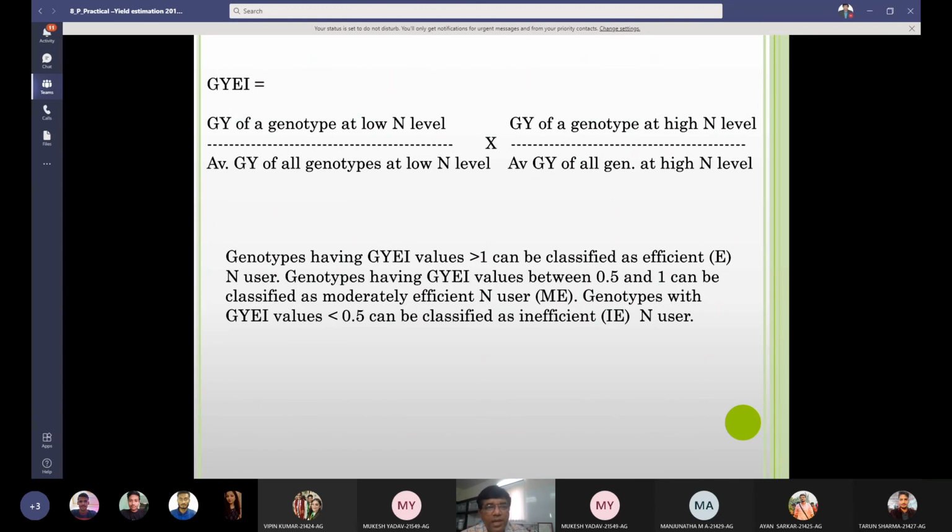So in this case, grain yield of a genotype at low nitrogen level. What was the yield of V1, V2, V3? You can have a genotype. What was the grain yield of that genotype at low nitrogen level, divided by the average grain yield of all genotypes at low nitrogen level. So this is divided, and then multiplied by grain yield of a genotype at high nitrogen level.